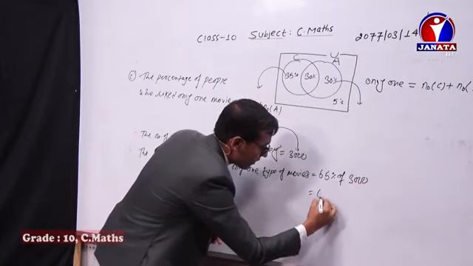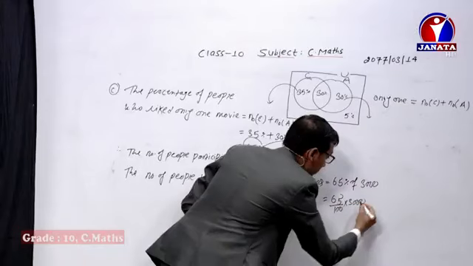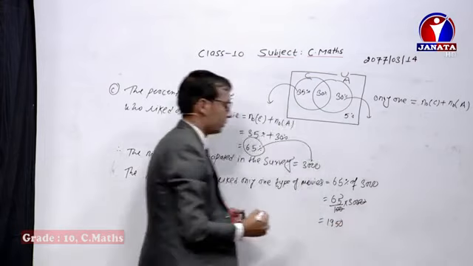Let's solve this. 65 over 100 times 3000 gives 1950.